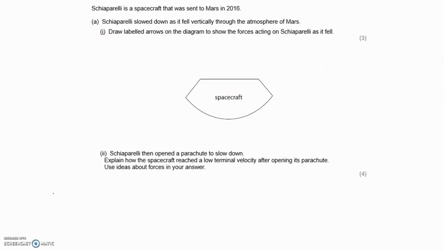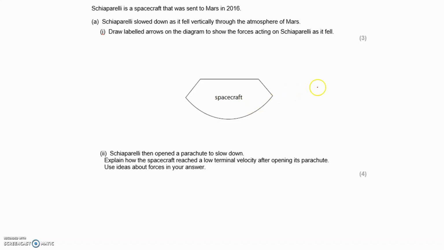This is the question, and it's about the spacecraft Schiaparelli that was sent to Mars in 2016. Schiaparelli slowed down as it fell vertically through the atmosphere of Mars. Draw labelled arrows on the diagram to show the forces acting on Schiaparelli as it fell.